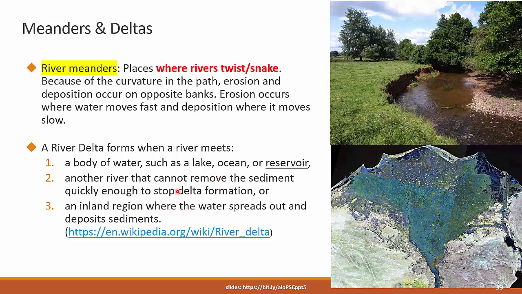Okay, that's where we have deltas. Why do we call them delta? Look at this shape here. This is the river delta for the Nile River in Egypt. It's an upside down Greek letter delta. That's why we call it river delta, because it is shaped like the Greek letter delta.